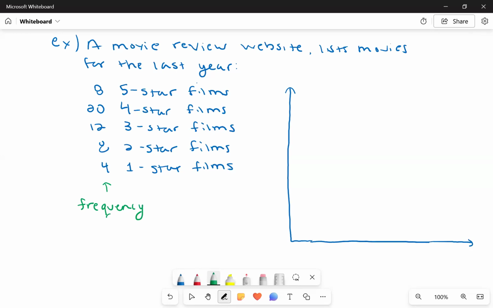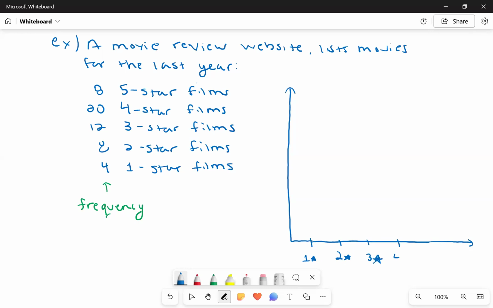So for the horizontal axis, I guess we could go from 1 star to 5 star. That maybe makes sense. So 1 star, 2 star, 3 star. Those are supposed to be little stars.